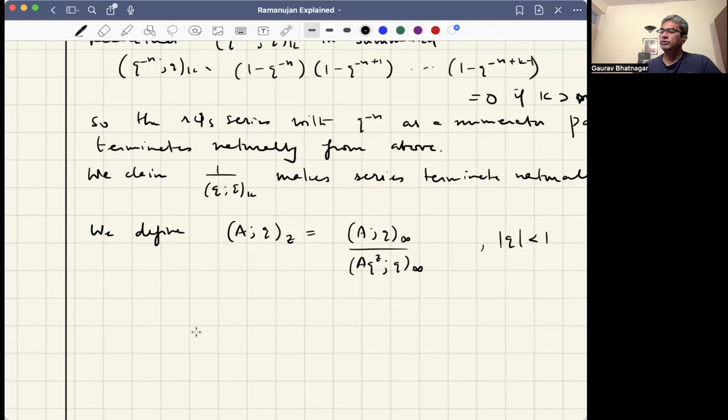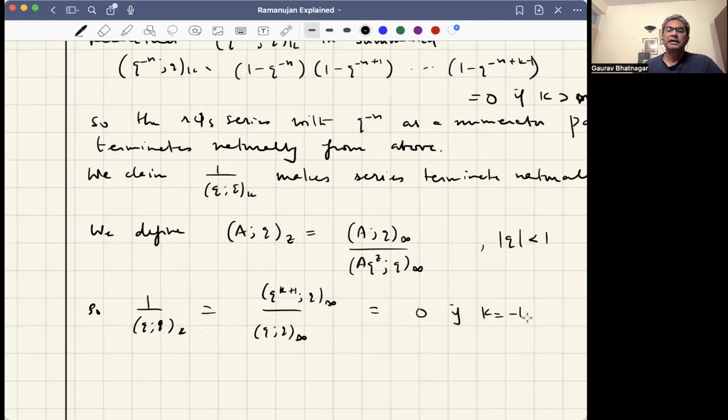So 1 over (q; q)_k would be (q; q)_infinity, and on top you will get (q^(k+1); q)_infinity, and this will be 0 if k is -1, -2, -3, and so on.